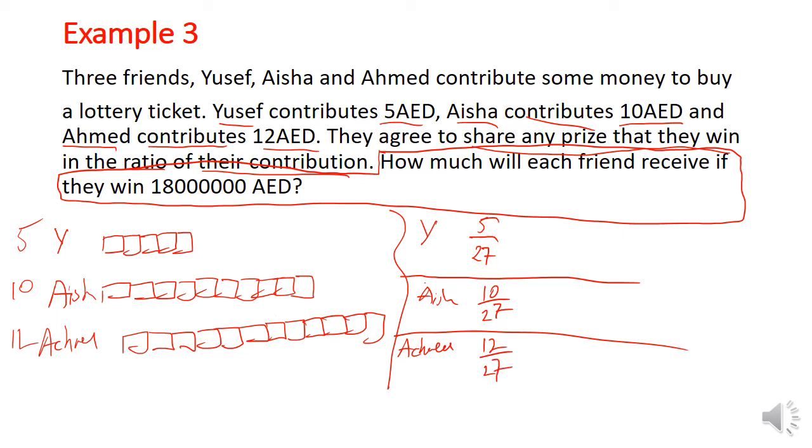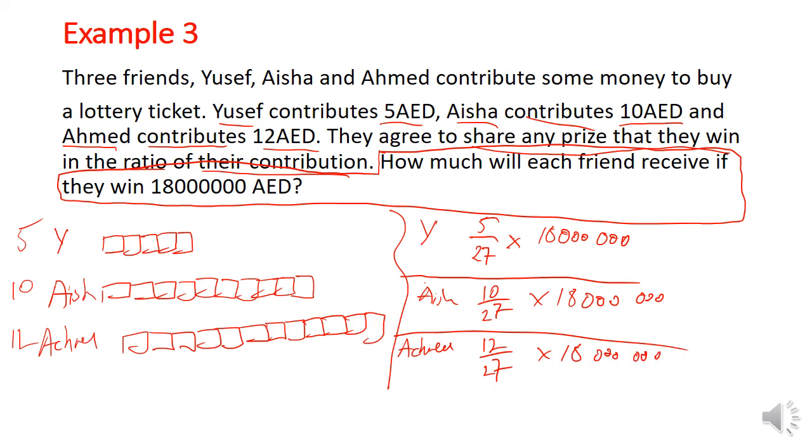So to find out how much each person will get, for Yusuf it's 5 over 27 multiplied by 18 million. And for Aisha, we multiply that by 18 million. And for Ahmed, it's 12 over 27 multiplied by 18 million.